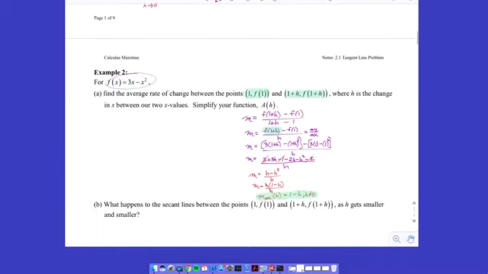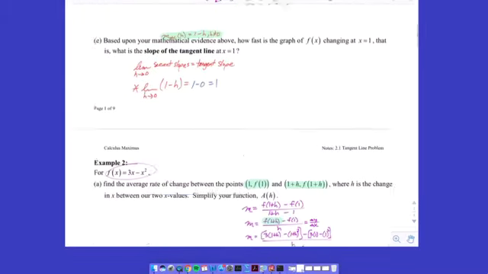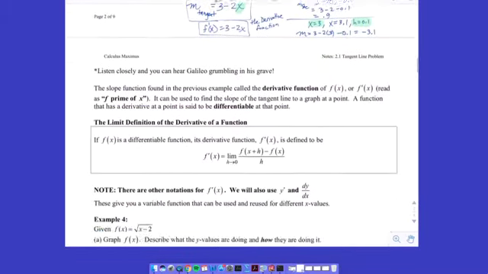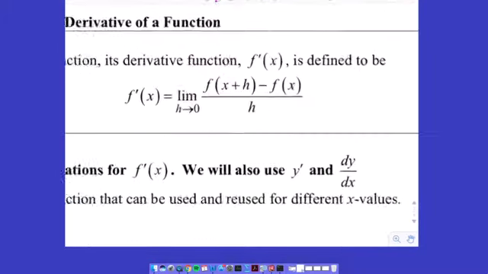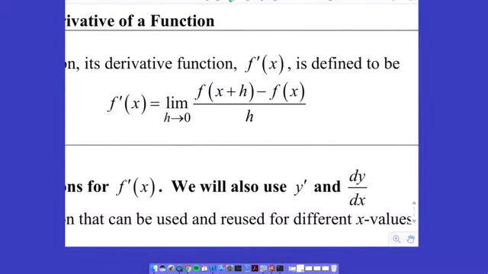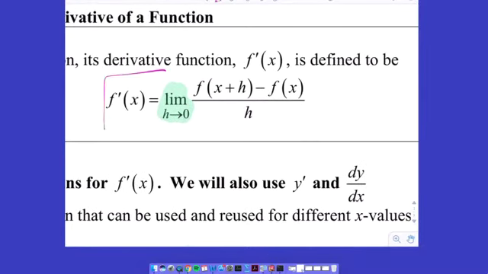So if we take the process that we did on numbers 1, 2 and 3, we started with the specific point 1, and then we chose another point 1 plus h, and then we did it for an arbitrary value x and another point x plus h. If you leave it in that form and you stick the limit in front of the difference quotient, you get the formal derivative definition for f prime of x.